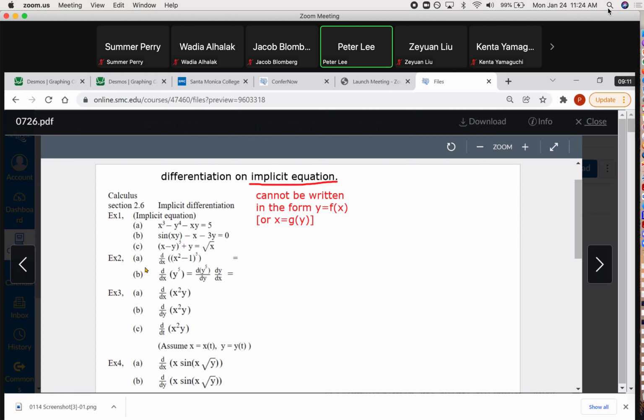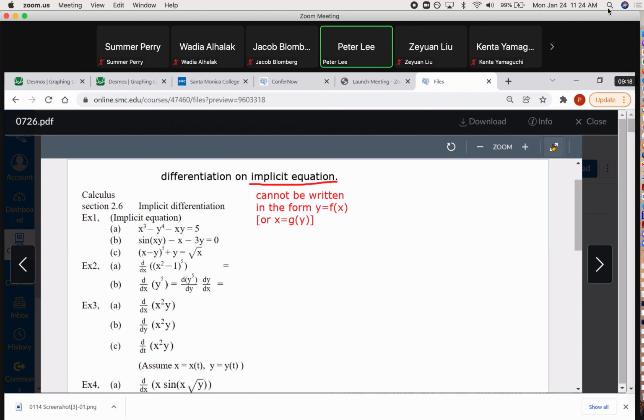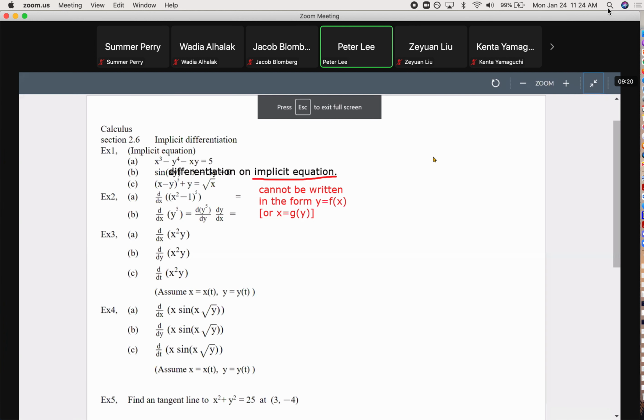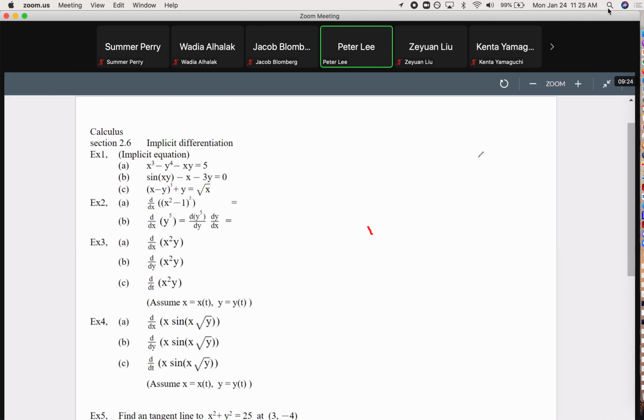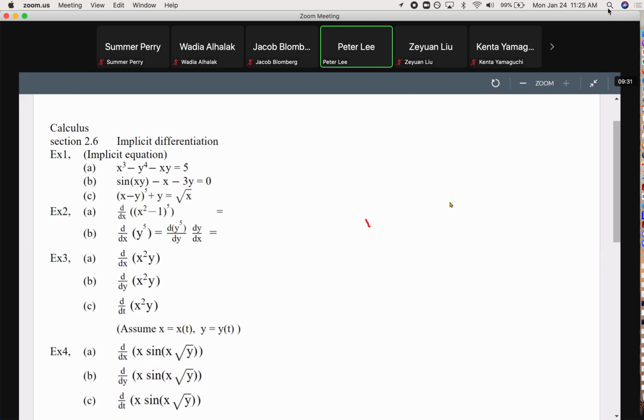So now let's look at example 2. Let me zoom this and magnify this here, and let me clear the screen out. So we have this. Example 2, that is the derivative of x squared.